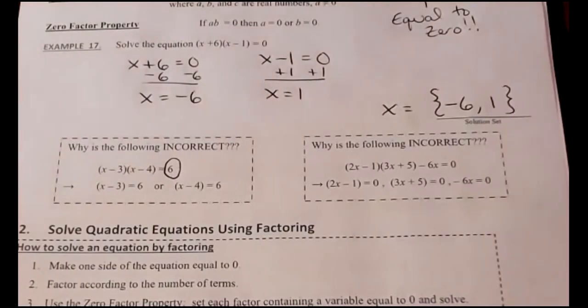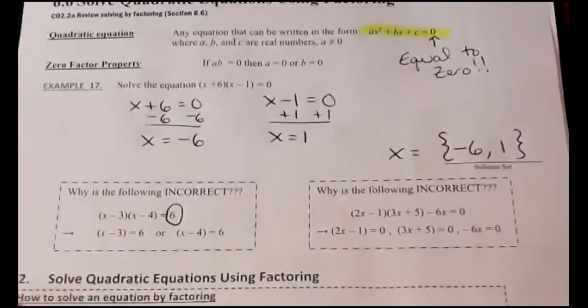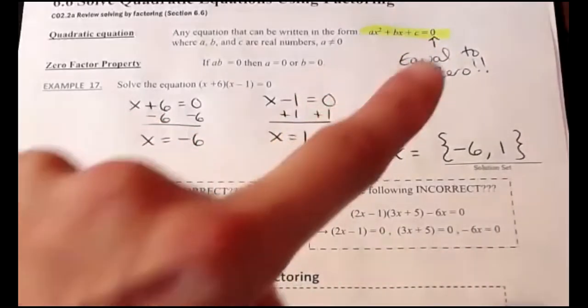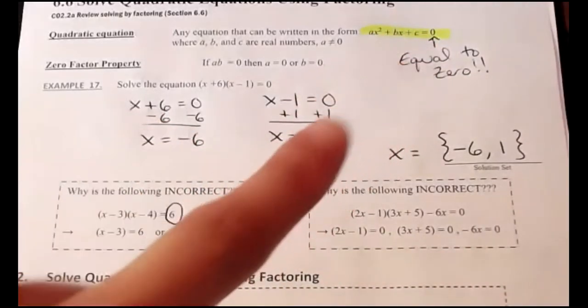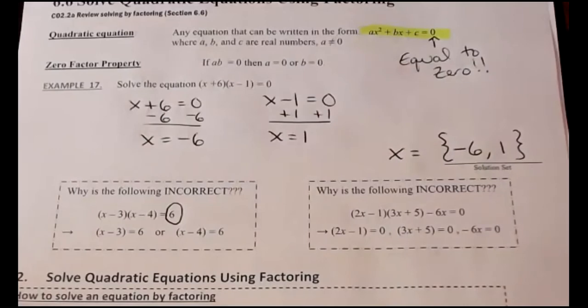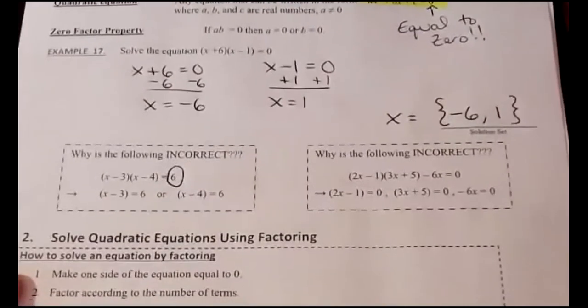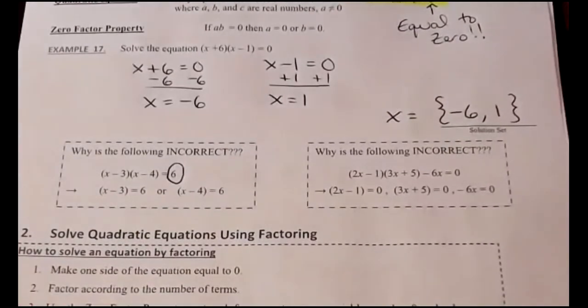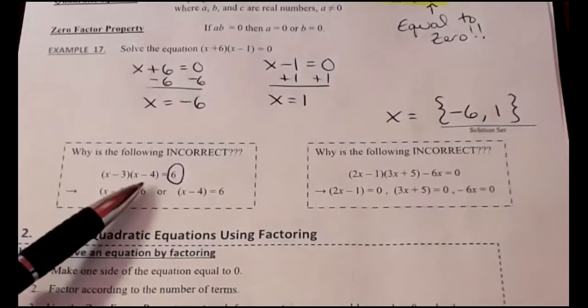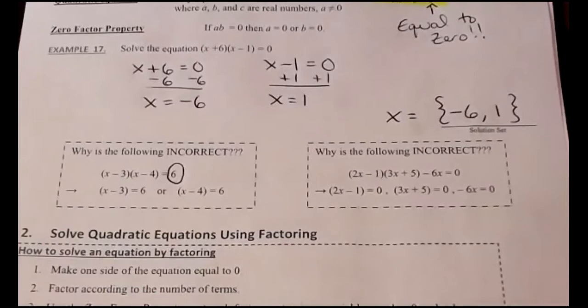When we started talking about solving, we learned that you always have to have it equal to 0. But here we have it equal to 6. It is completely 1000% incorrect if you took each factor and said, oh, I'll just set it equal to 6 instead. No, please don't ever do that. It does not work that way.